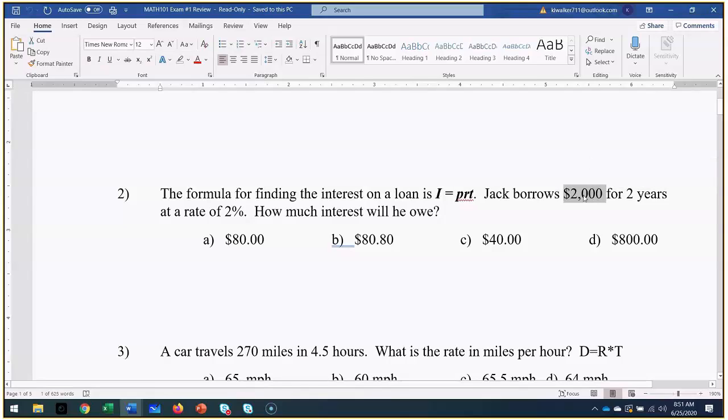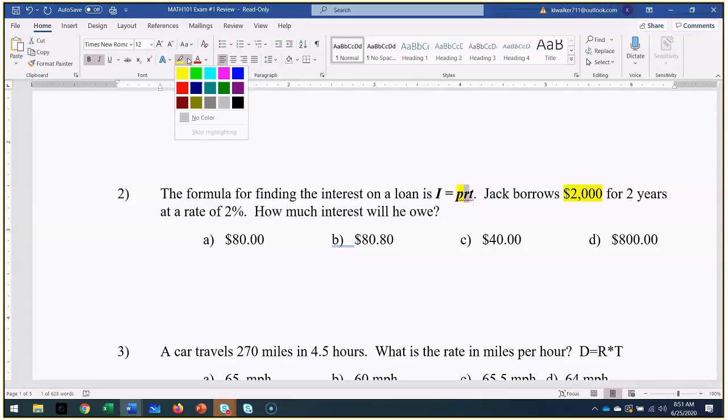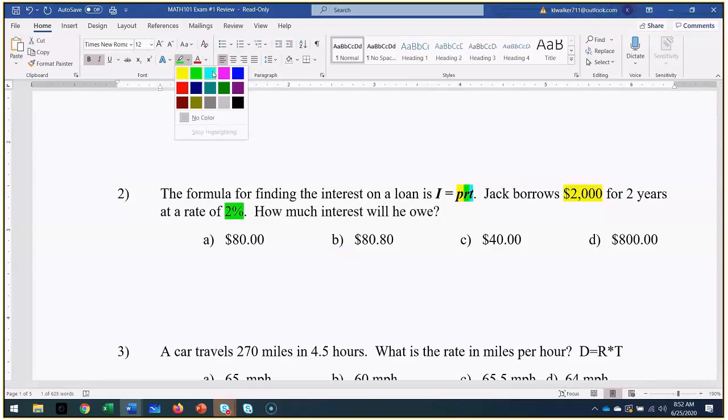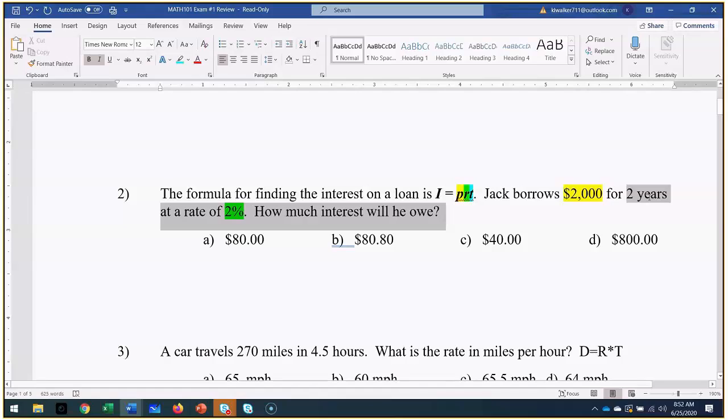So when you plug this in, this is your P. Then the R represents the rate, and the rate needs to be a decimal, so we'll have to change that. And then last, the T represents the time, and the time is 2. So when you go to plug this in, it's just multiplying 2,000 times the 2% in decimal form times the 2.